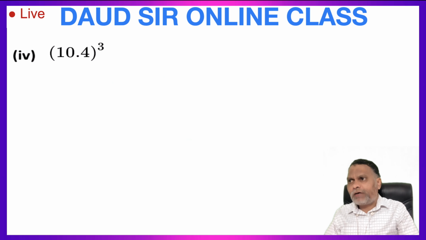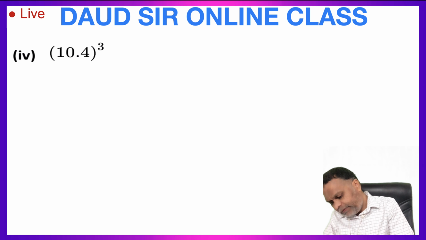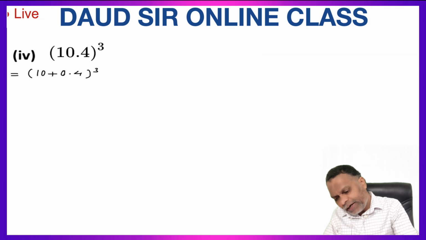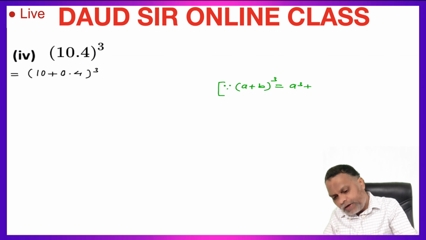Question number 11, part 4, 10.4 whole cube. So this 10.4 whole cube can be written 10 plus 0.4 whole cube. Now we can apply the identity a plus b whole cube. Since a plus b whole cube is equal to a cube plus b cube plus 3 times ab into a plus b.